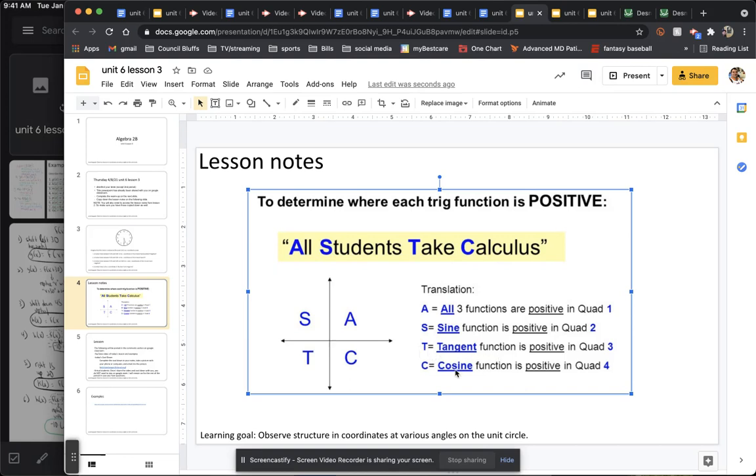In this case, it's quadrant 3, because quadrant 3 is where tangent is positive. If tangent is positive right here, that means sine and cosine are both negative. So in quadrant 3, which is between 180 and 270, sine and cosine are both negative. So I just did number 3 two different ways for you, essentially.